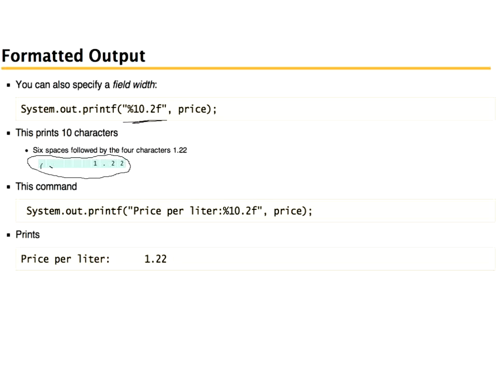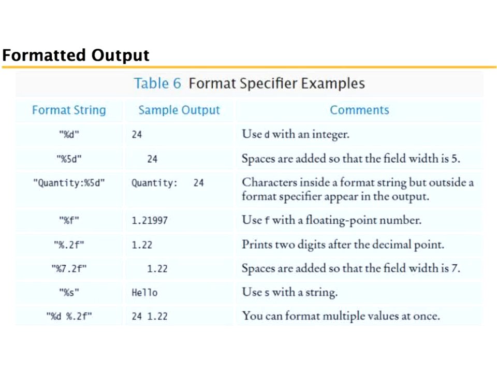So you have 1, 2, 3, 4, 5, 6, 7, 8, 9, 10, and it'll put the value in the ones on the right, for example 1.215, and so on. These are different ways of formatting.